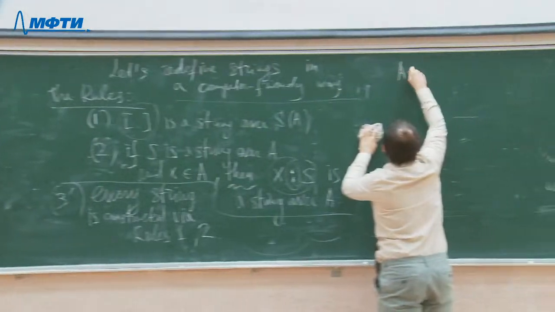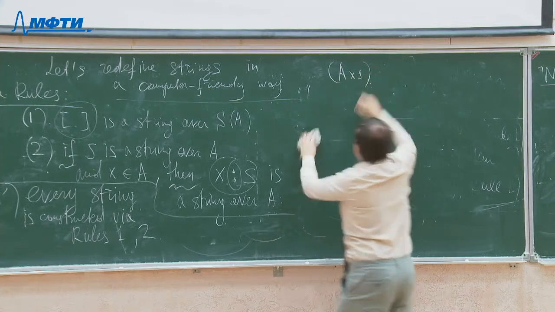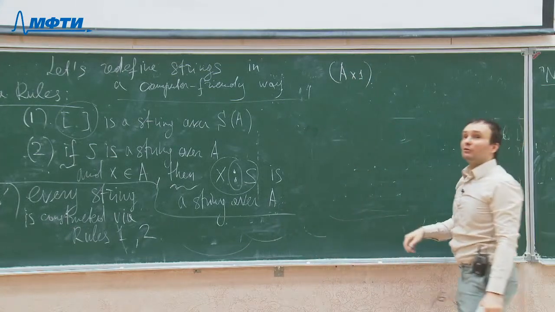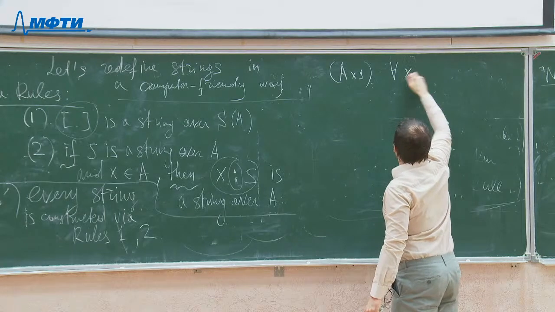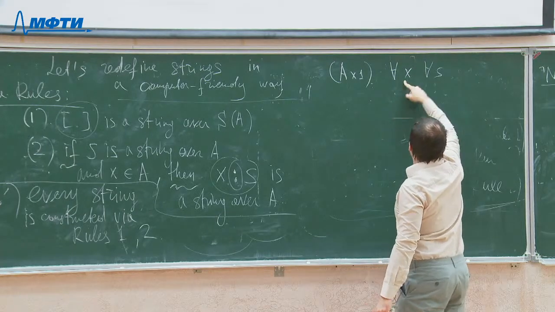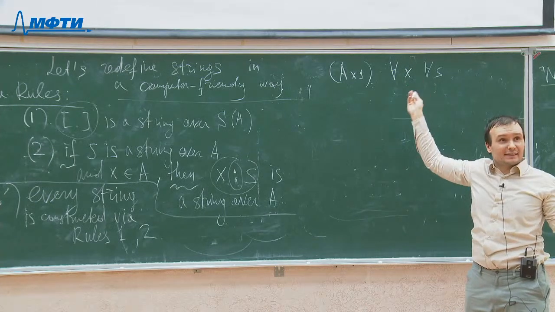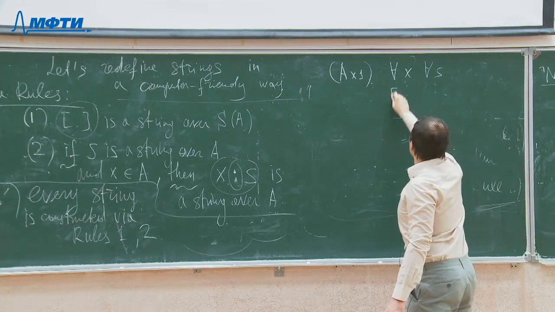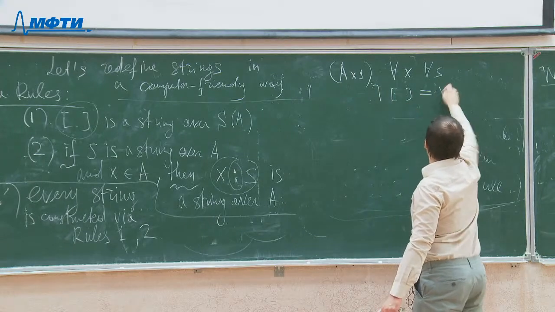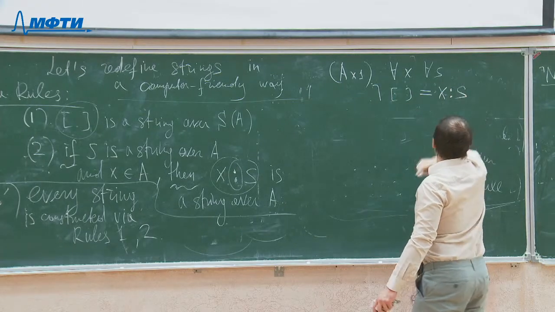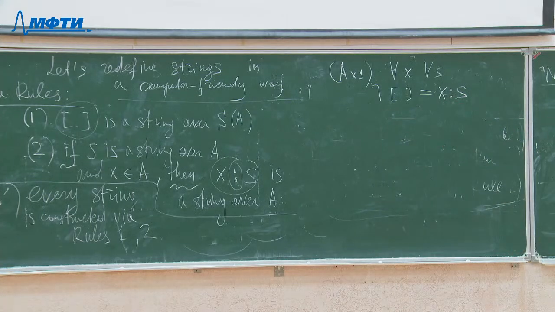Axiom 1: for every x, for every s a symbol, x a string, it is not the case that our empty string equals any string constructed using a colon. So our constructors are distinct.